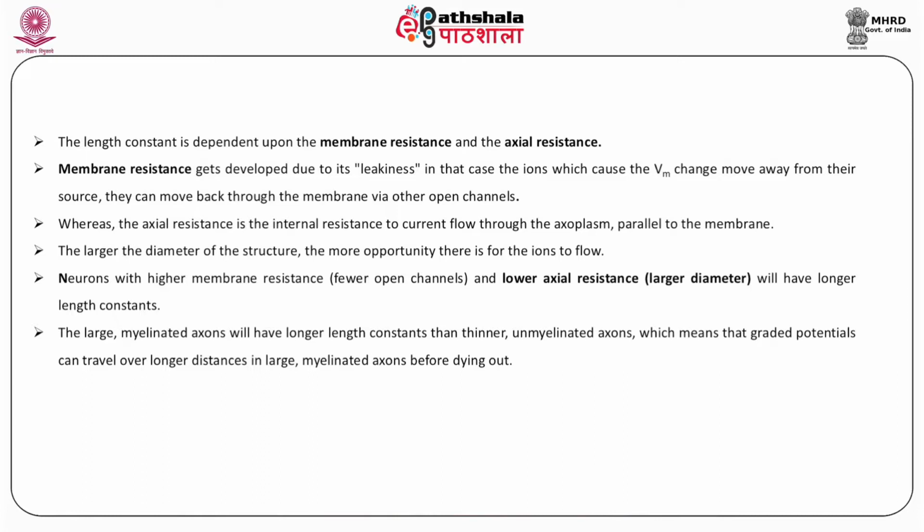The larger the diameter of the structure, the more opportunity there is for the ions to flow. Neurons with higher membrane resistance, which means few open channels, and low axial resistance because of the larger diameter, will have a longer length constant. Large myelinated axons will have a longer length constant than thinner unmyelinated axons, which means that the graded potential can travel over longer distances in large myelinated axons before dying out.